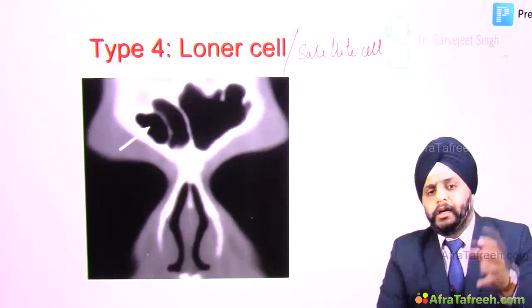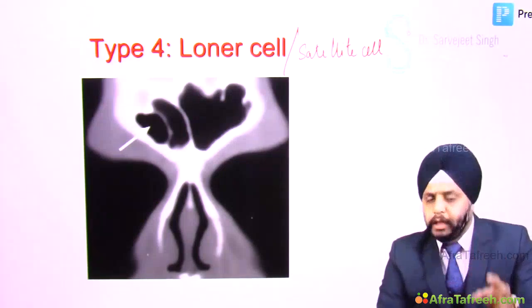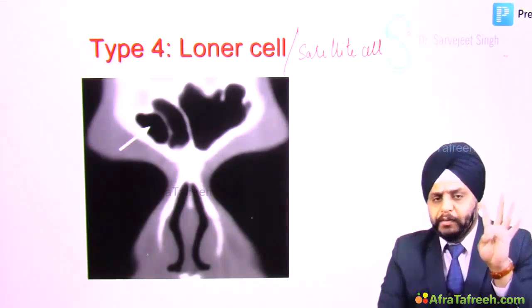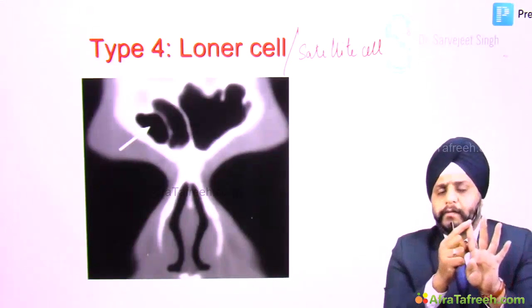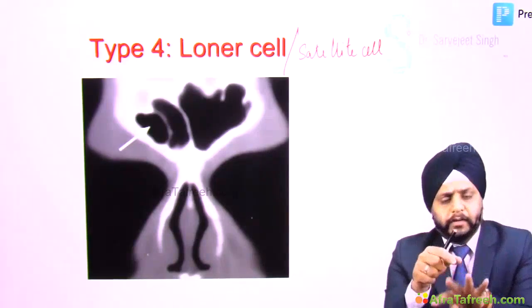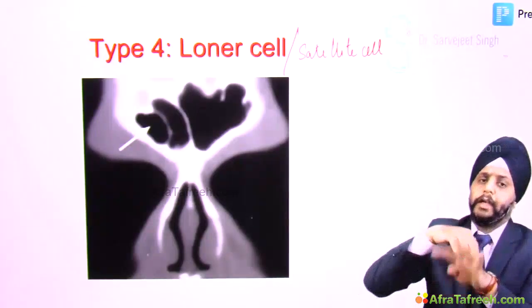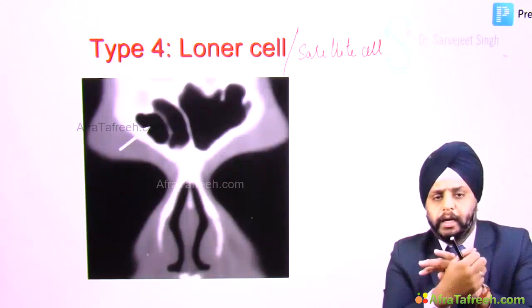They affect the drainage pathway of the frontal sinus, so they are known as frontal cells. We have classified them into 4 different types. This is known as Kuhn's classification. Type 1 is a single cell above agger nasi. Type 2 is multiple cells above agger nasi. Type 3 is a cell going into the frontal sinus, and type 4 is the loner or the satellite cell.